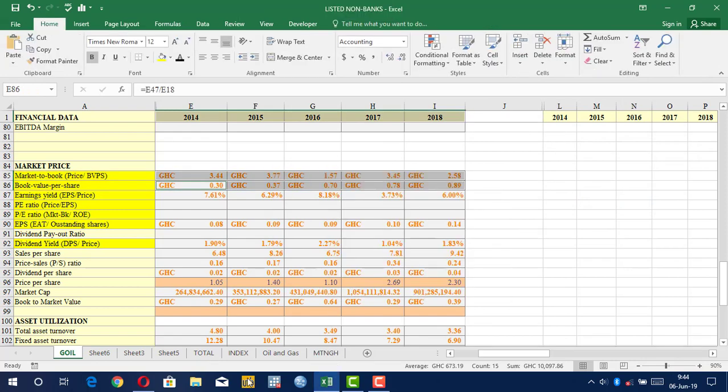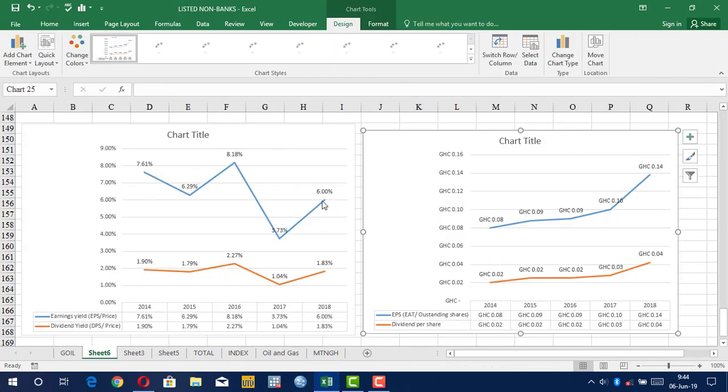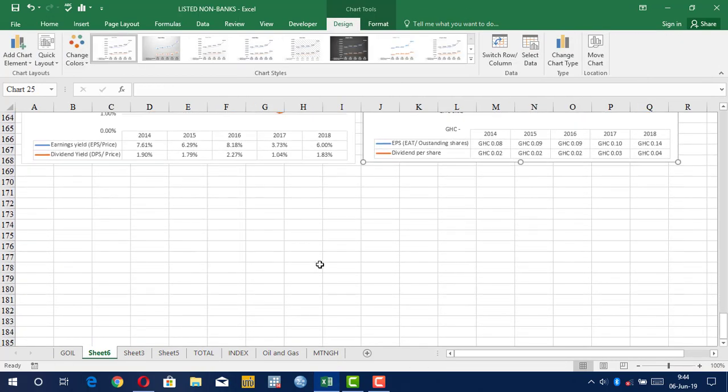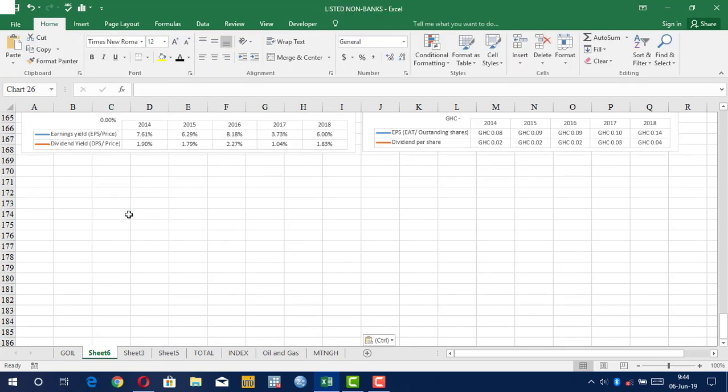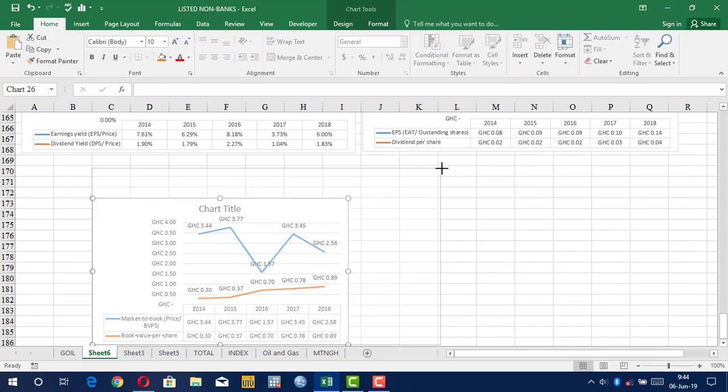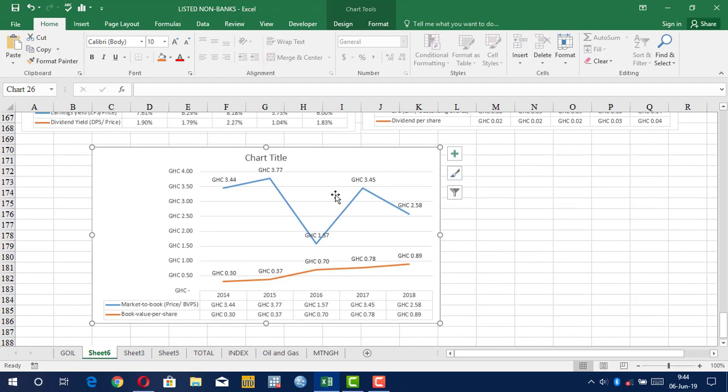Let's take it to our good. So let's see. Okay, so now let's see the book value, the market to book value indicates whether the company is a growth stock or a value stock.